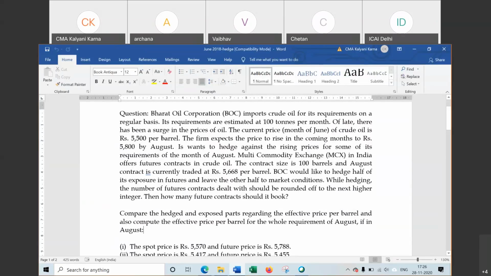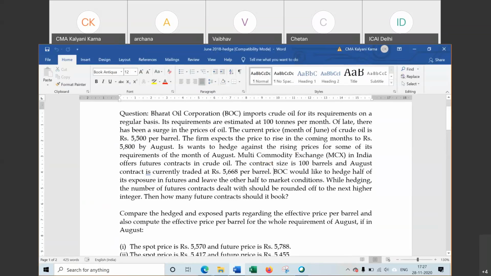Current price is 5,500 per barrel, but the firm expects that the price will rise to 5,800 in August. Now the company wants to hedge against the rise in price. The futures contract size is 100 and the August futures price is 5,668.